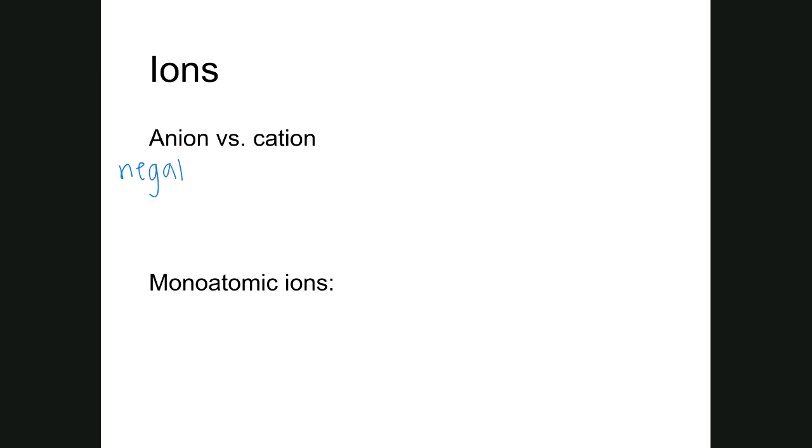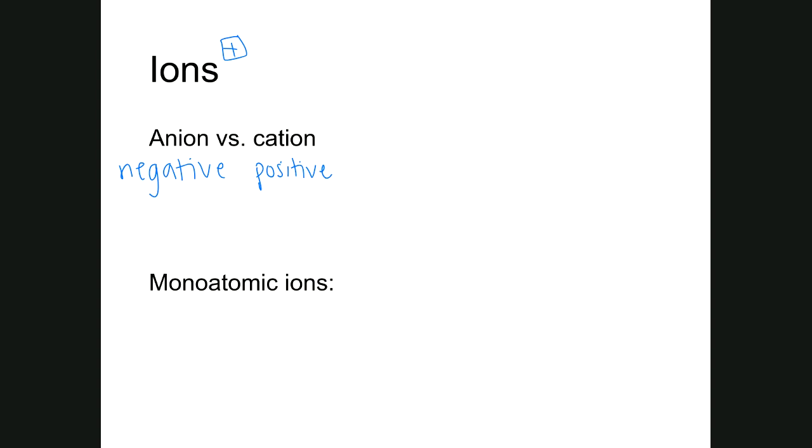Anything negatively charged is an anion. Cations are positively charged. So anytime that you see an ion, it's going to have a charge in the upper right-hand corner. So it might have a positive sign, might have a 2 negative sign. That means whether it's an anion or a cation, depending on if it's positive or negative.